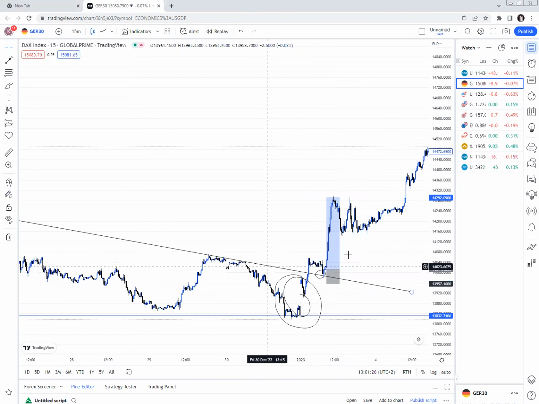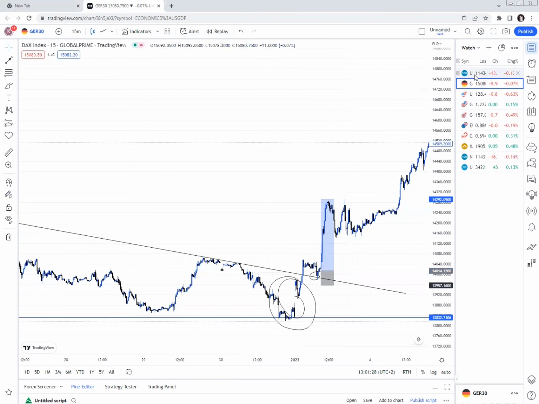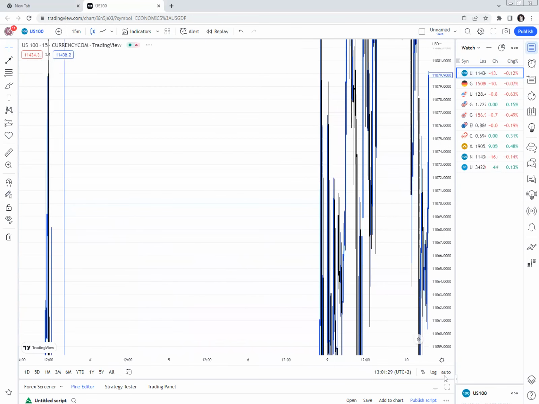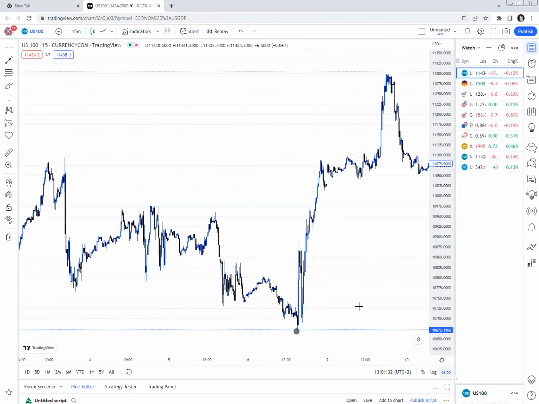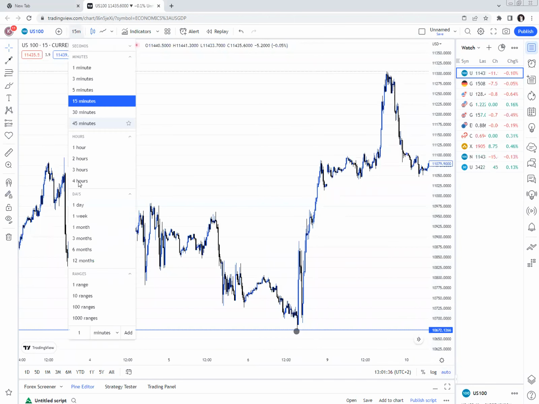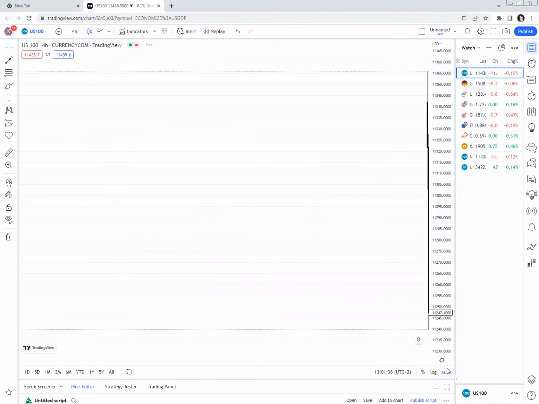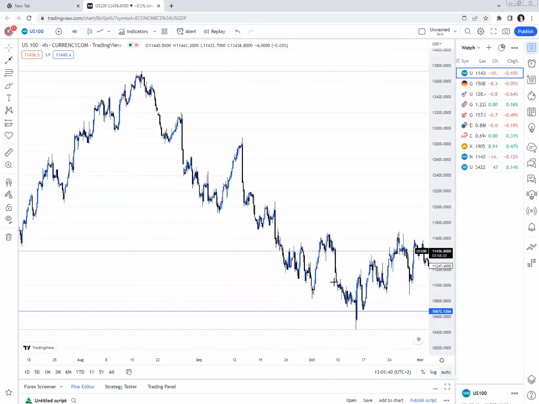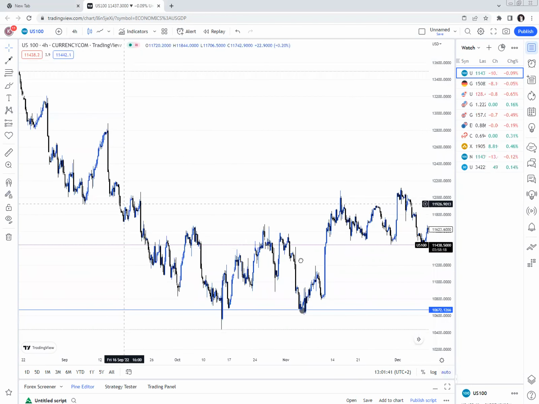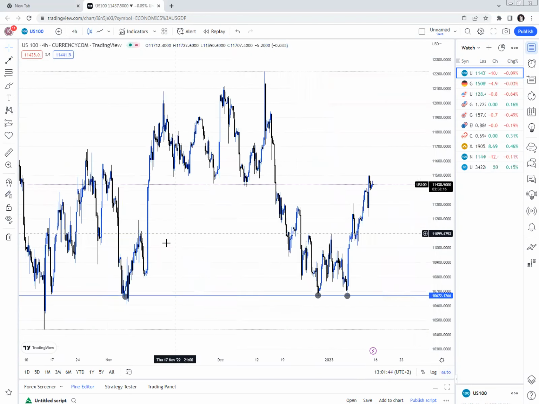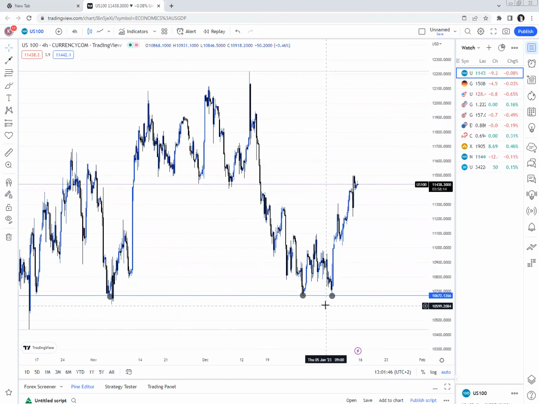Then yeah, I think we must do some other analysis. Okay, this is Nasdaq. As you see on Nasdaq, we had our first touch there, second touch, third touch.